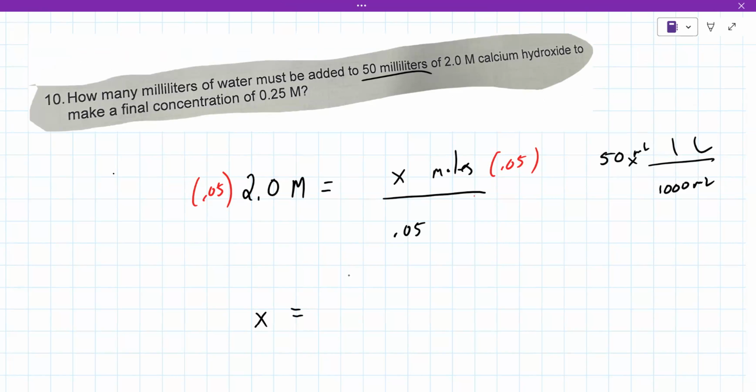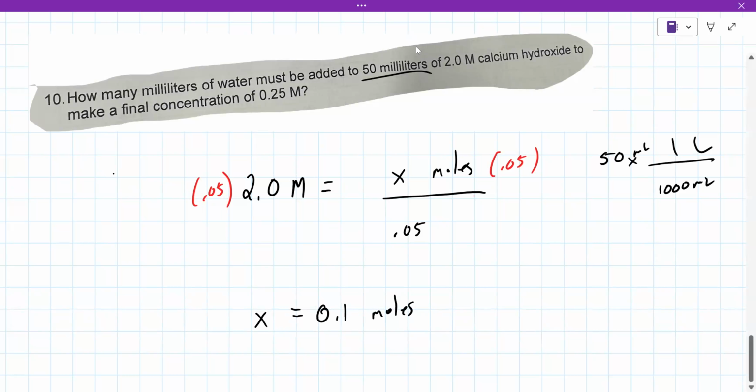Multiplying 0.05 times 2, so 0.1. 0.1 moles. Now that's the setup, the first part.